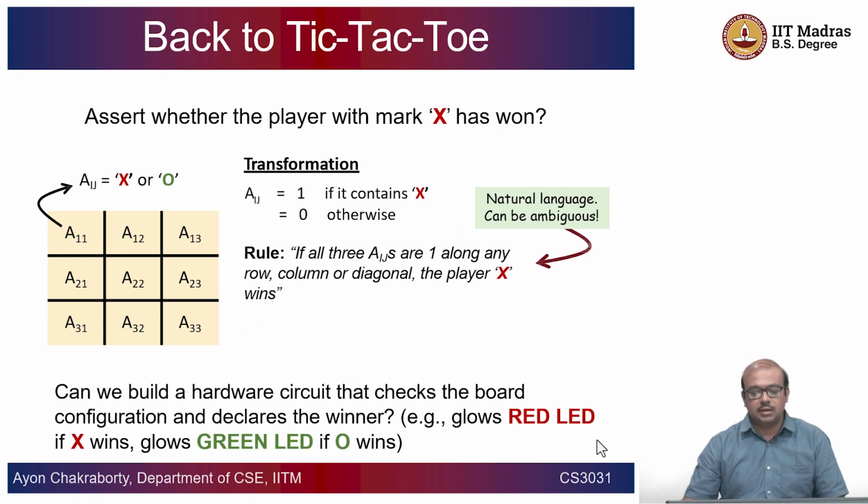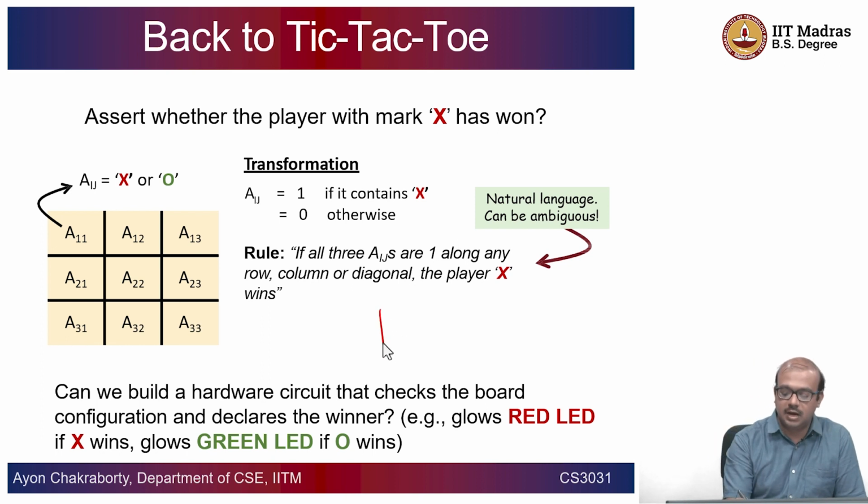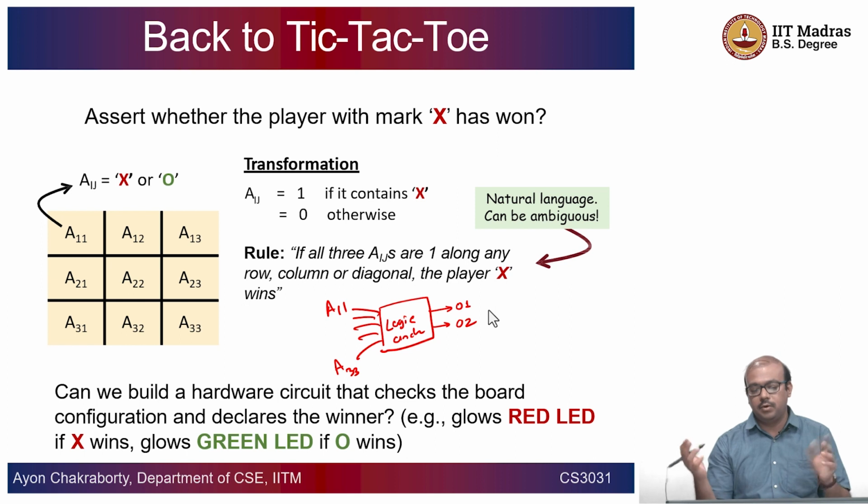I will redraw the logical circuit that we need to build. We had these 9 inputs, from A11 to A33, and we can come up with an output scheme that we feel like. It could have 2 outputs or 1 output, or however we want to convey to the rest of the world who is the winner. That is how we need to come up with the design.